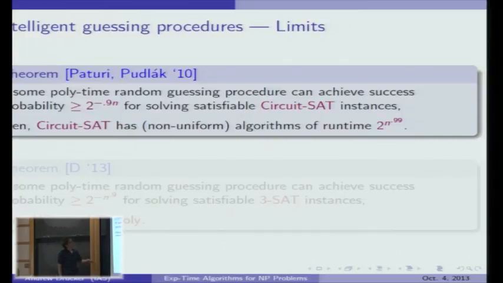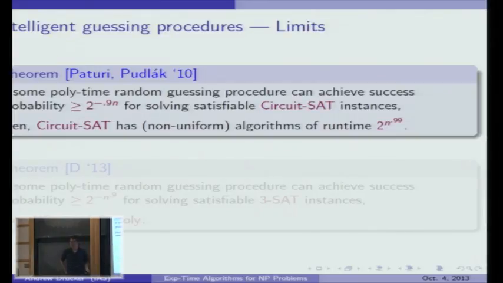So first, Paturi and Pudlák proved in their paper that for a problem harder than k-SAT, called circuit SAT, if you could even do slightly better than random guessing, say 2 to the minus 0.9n, or 2 to the minus (1 minus epsilon) times n, then not only would circuit SAT have algorithms with runtime 2 to the 0.9n, which is obvious, but actually they would have algorithms of time 2 to the n to the 0.99.